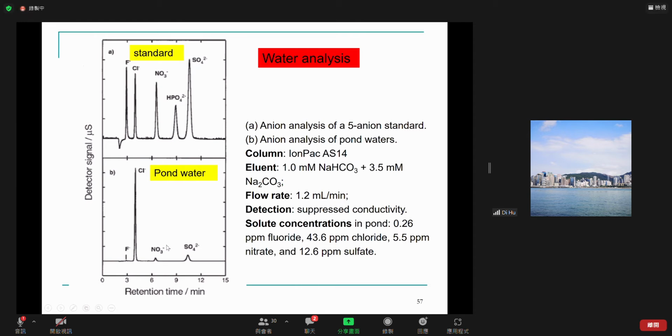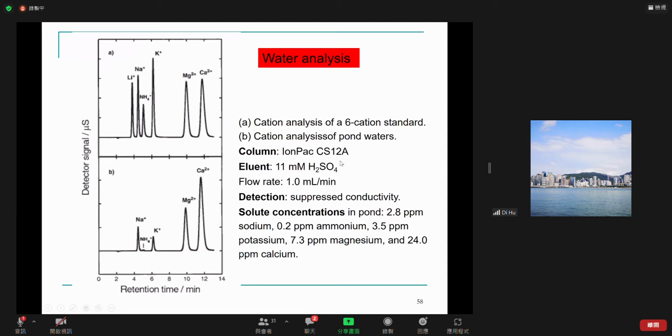And this is what we see in a pond. This is AS14, a pretty typical column, as we just mentioned. It has a strong quaternary amine. I used carbonate and bicarbonate buffer, and suppressed conductivity.